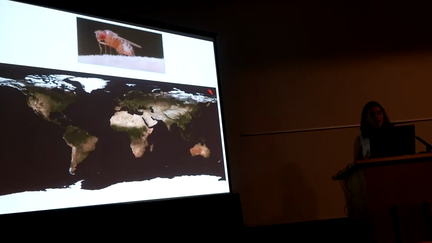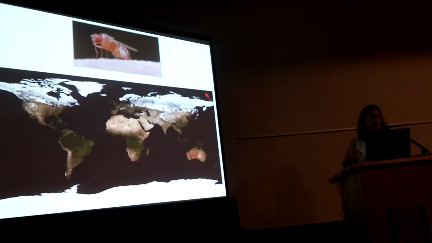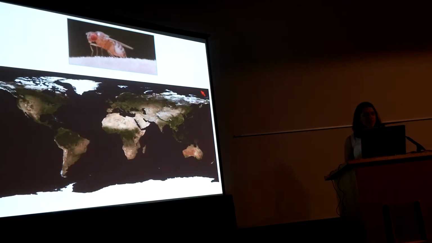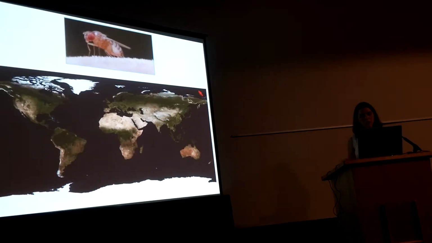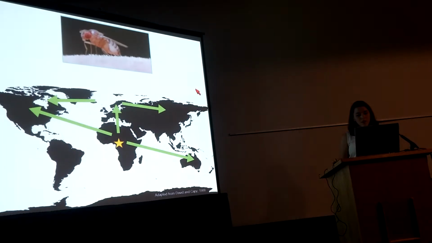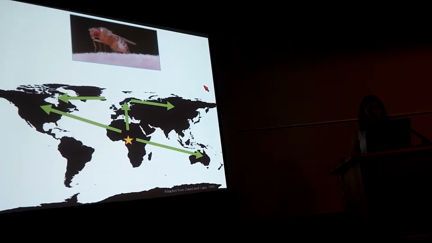Now, arthropods and other insects or other organisms that reproduce multiple times annually are experiencing different environmental selection pressures subsequently each generation. So to look at this, I'm going to use Drosophila melanogaster, which originated in sub-Saharan Africa and has subsequently spread worldwide.